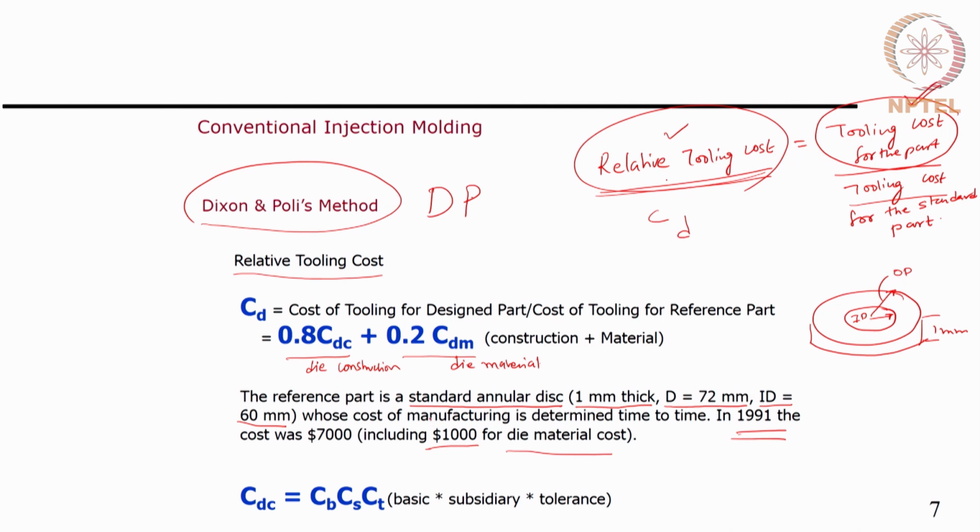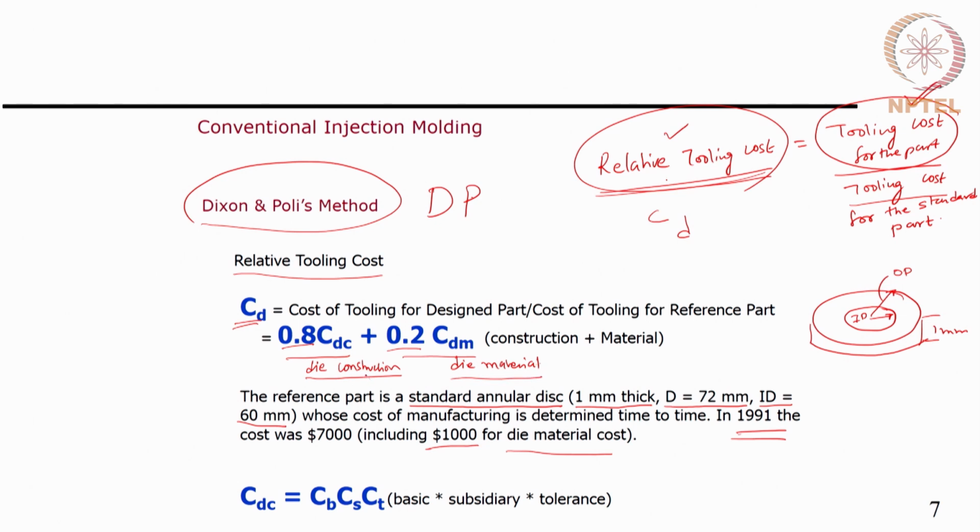Based on past experience and data, it has been found that the total relative cost is 0.8 times the die construction cost plus 0.2 times the die material cost. We will look at the die construction cost first, and then move on to the die material cost.